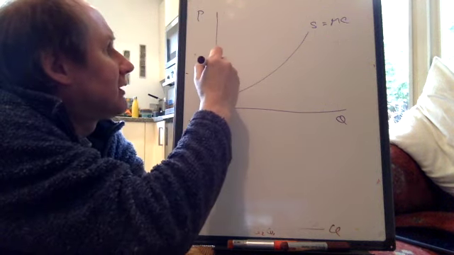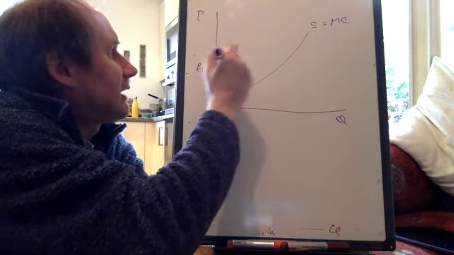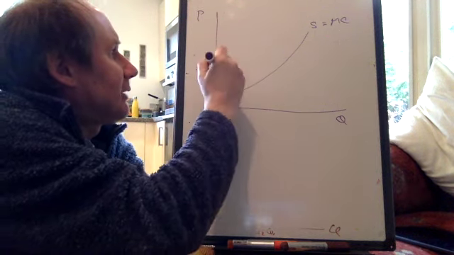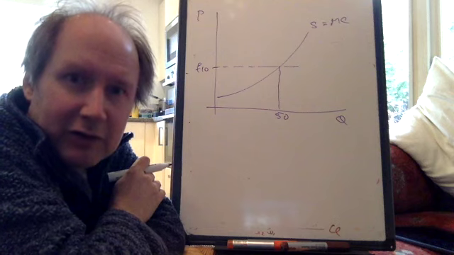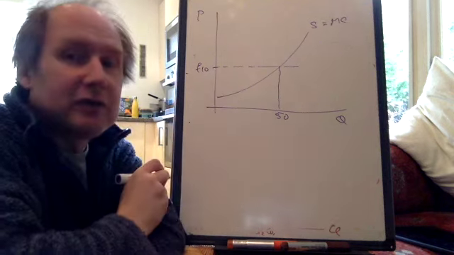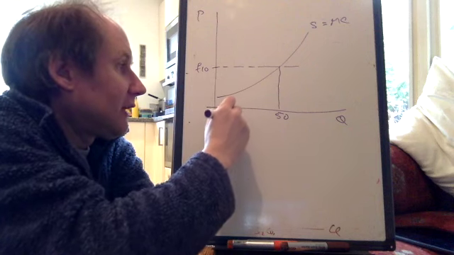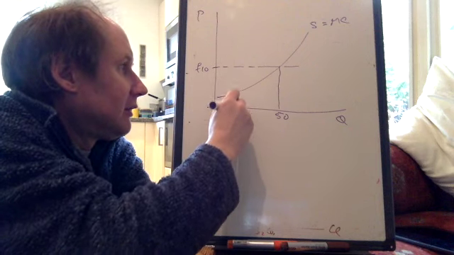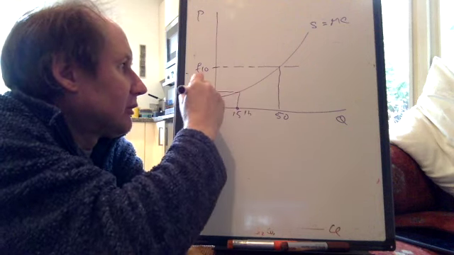Again, if we take our example and suppose price is £10, and let's suppose that's 50 units as well for convenience, for each of those first 50 units, the marginal cost is below £10. If we take that one there, the 15th unit, the marginal cost looks like it's about £4. Therefore, the producer has made a surplus of £6 on that unit.